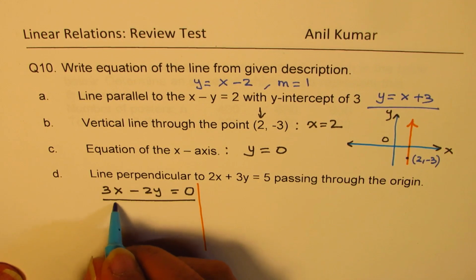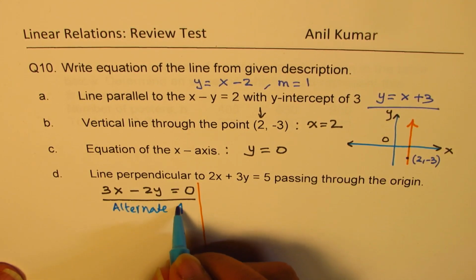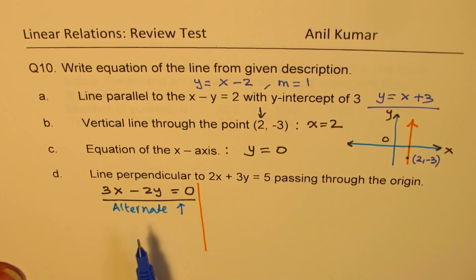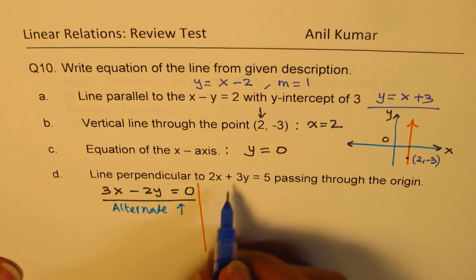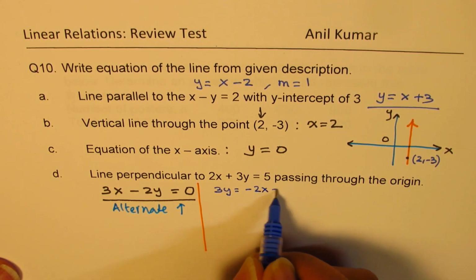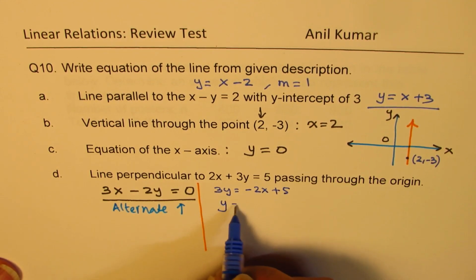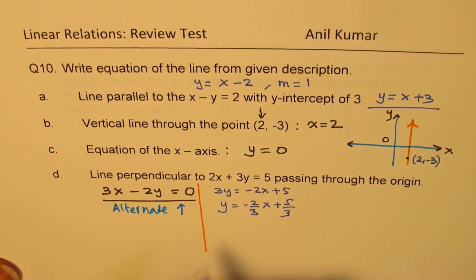So this is an alternate way, right? Okay. For multiple choice questions, that is the best way to do it. A line perpendicular to this, you'll do like this. Isolate: 3y equals negative 2x plus 5, y equals negative 2 over 3 x plus 5 over 3, right?